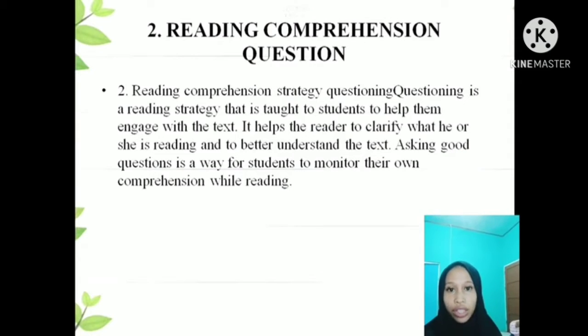Asking good questions is a way for students to monitor their own comprehension while reading. As with teaching most things, it's helpful to start with the concrete and move toward the abstract.